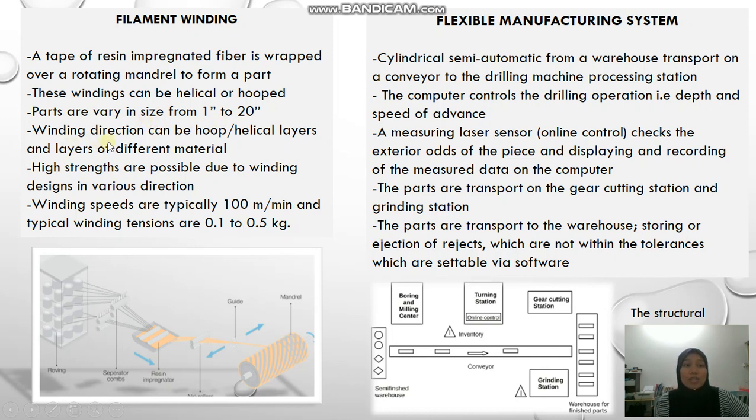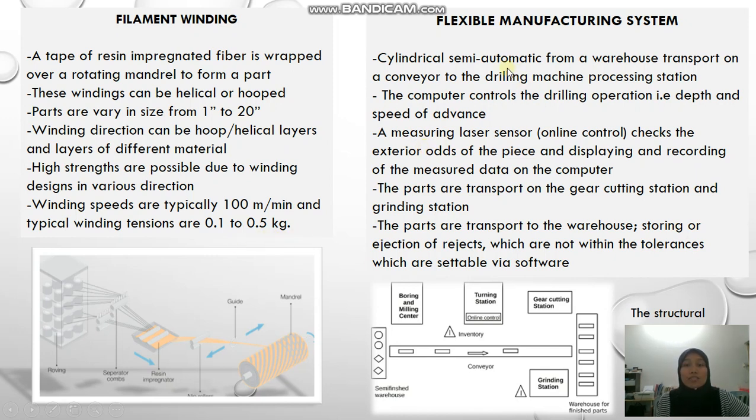The layers can also be from different materials. High strengths are possible due to winding designs in various directions. The winding speeds are typically 100 meters per minute, and typical winding tensions are between 0.1 kg to 0.5 kg.